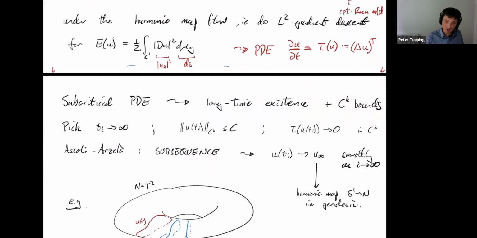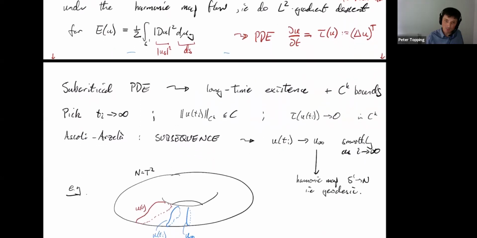So that limit is going to be a harmonic map from S1 to N. So that's actually going to be a geodesic. Here's a simple picture of that in action. Let's imagine the target was just a torus, the first manifold that came into my head. And I've drawn here the image of the initial data u0.